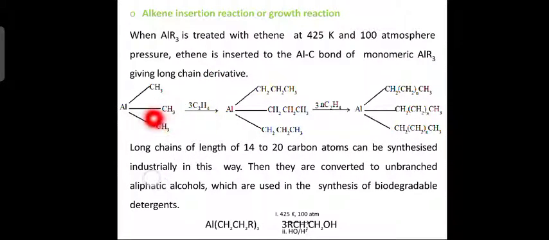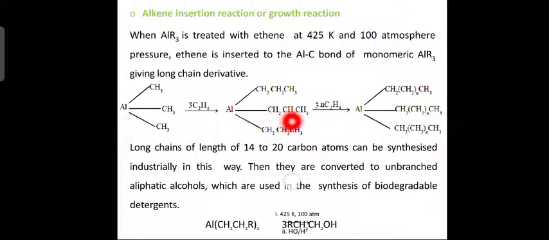Now how do you write trimethyl aluminum? If you split it up and write it, you will get this structure: aluminum with 3 valency, 3 methyl groups are there, combining with 3 molecules of ethene. C2H4 is CH2 double bond CH2. The CH2 double bond breaks and a single bond is formed, and then it gets introduced into the chain. So you get alkene insertion, or introduction of CH2.